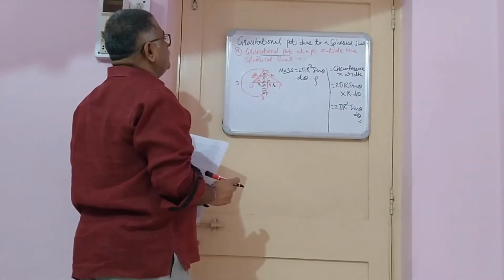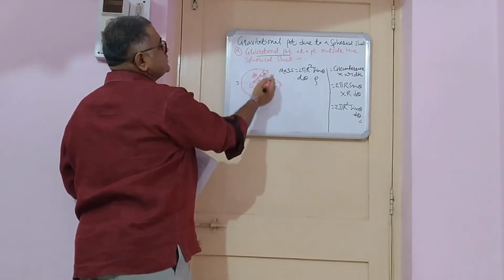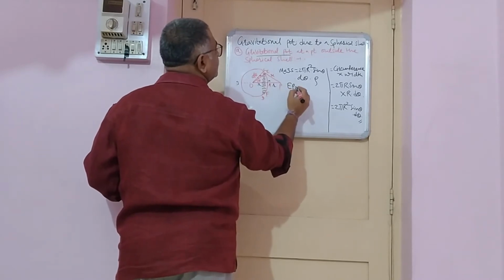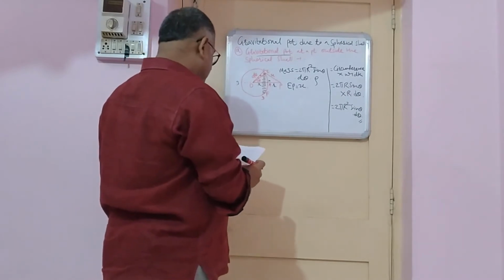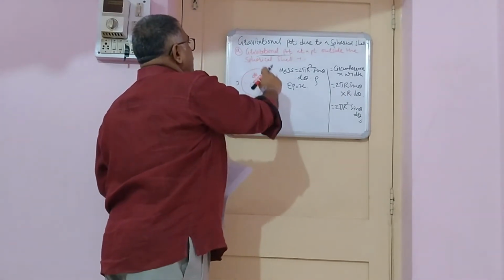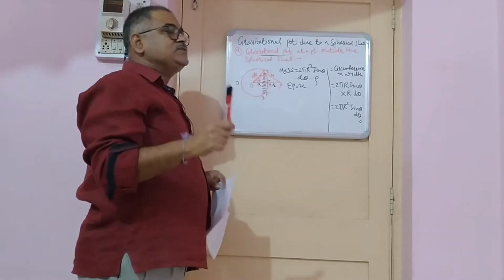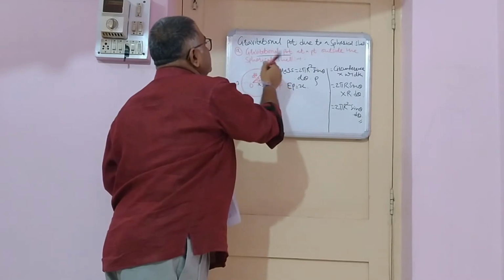See now, if EP, this much distance, equals x, then every point on the slice is at a distance x from P. Once again, we are interested to find the gravitational potential at a point outside the spherical shell.